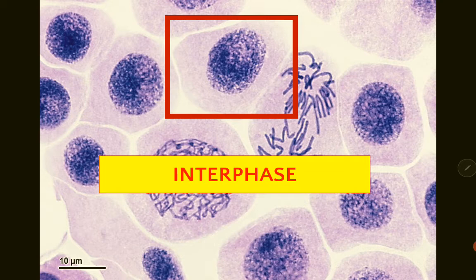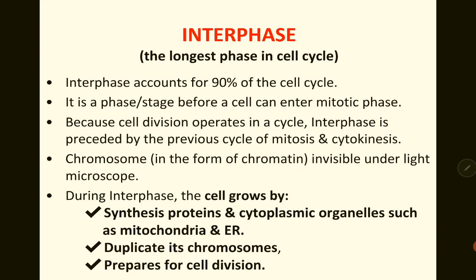Now we look at the interphase process. Interphase is the longest phase in the cell cycle, which accounts for 90% of the cell cycle. This is the phase before the cell can enter the mitotic phase, and it is preceded by the previous cycle of mitosis and cytokinesis.